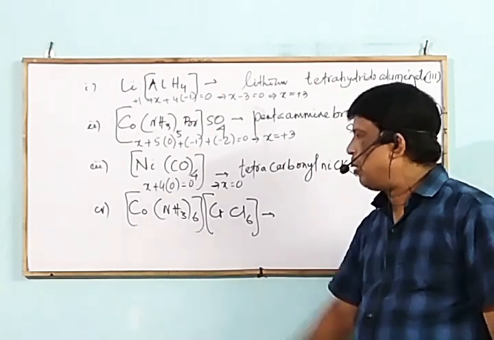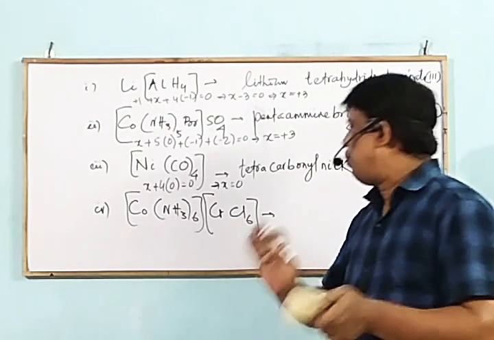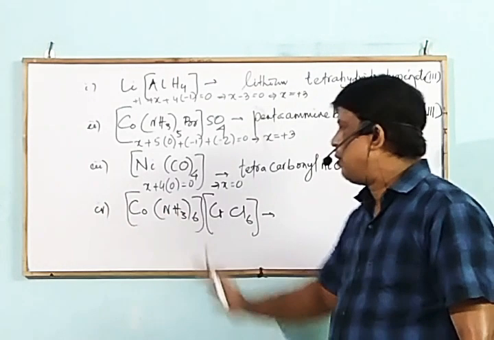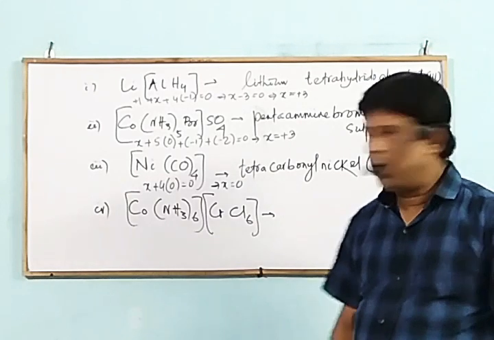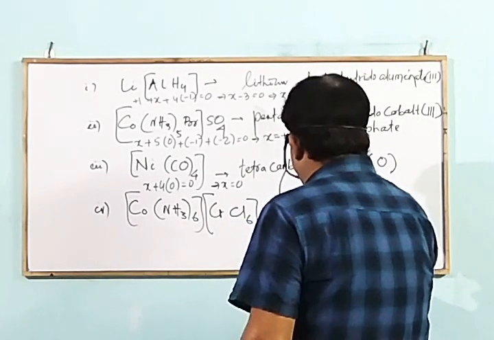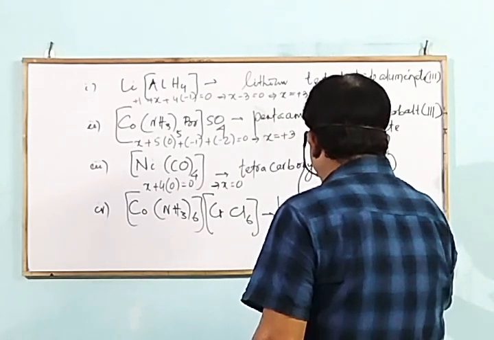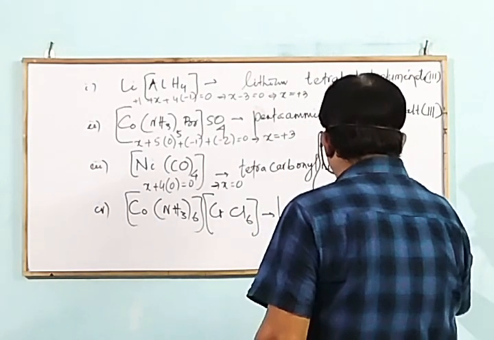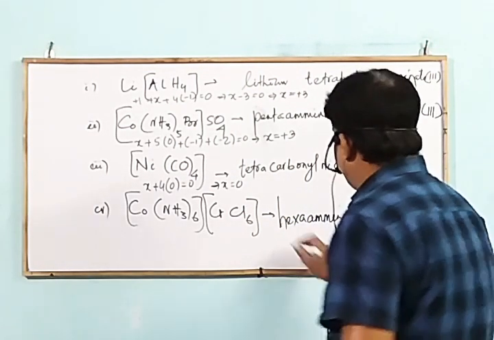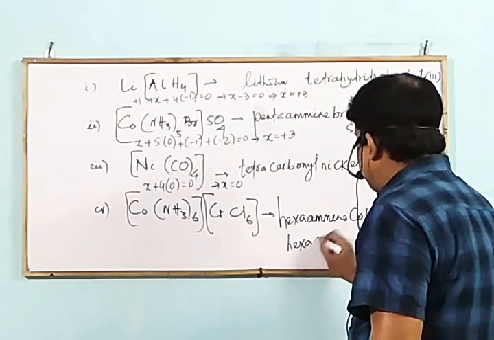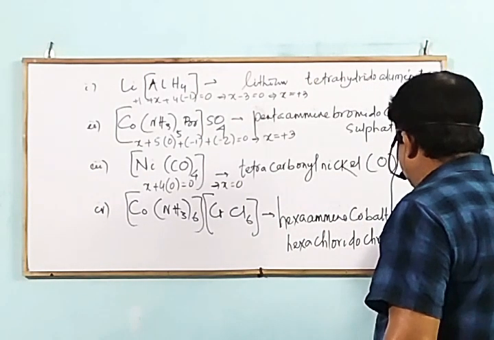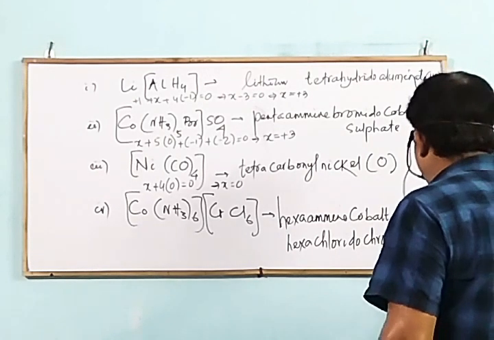Next is the fourth one, where the cation part is complex and the anion part is complex. So we write the first part, the cation part, then we write the anionic part. So its name is hexaammine cobalt, bracket, we write the oxidation number. Next, hexa, chlorido, chromate, oxidation number.